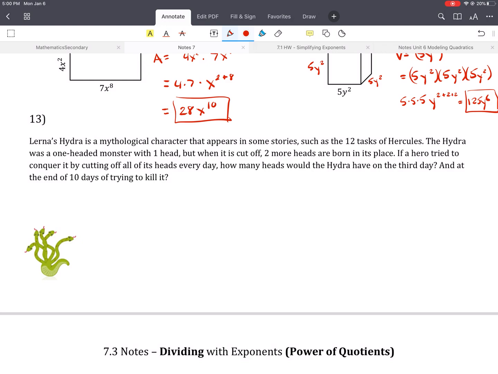I think that's kind of redundant. But when you cut its head off, 2 more heads are born in its place. If a hero tries to conquer it by cutting off all of its heads every day, so if you cut off the heads once a day and you cut all of them off once a day, how many heads would the hydra have on the 3rd day and the 10th day?